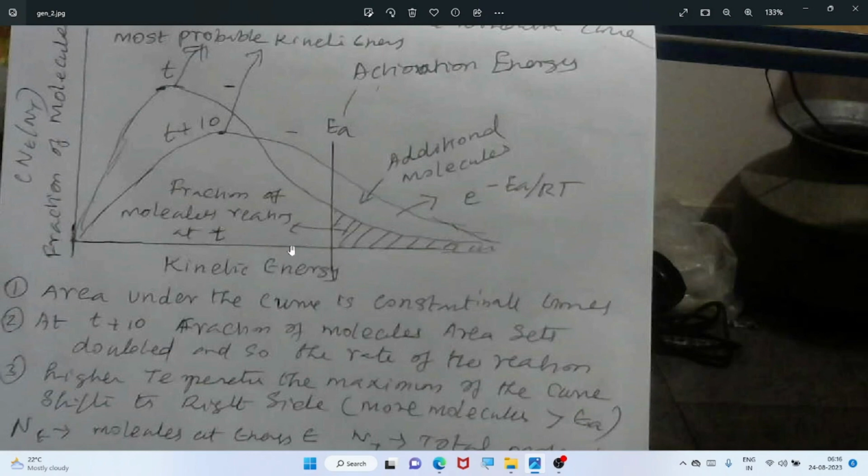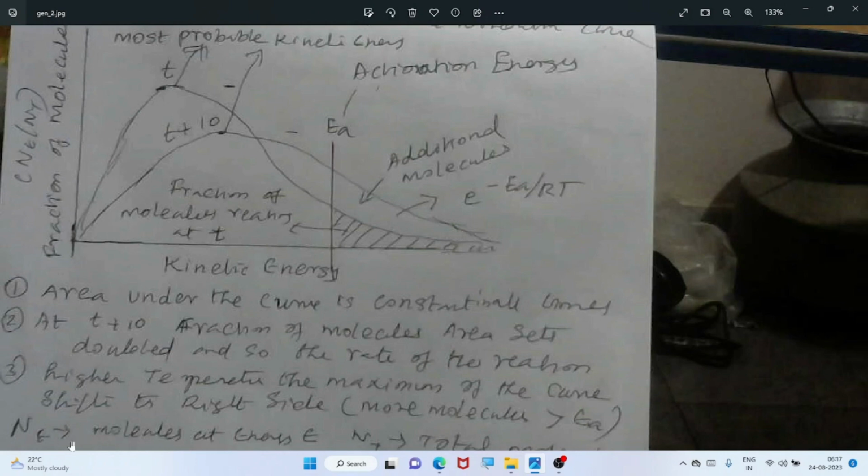The fraction of molecules beyond this activation energy increases when temperature increases. See, this curve's area here is more than this curve's. So this fraction of molecules gets doubled, and so the rate of the reaction.